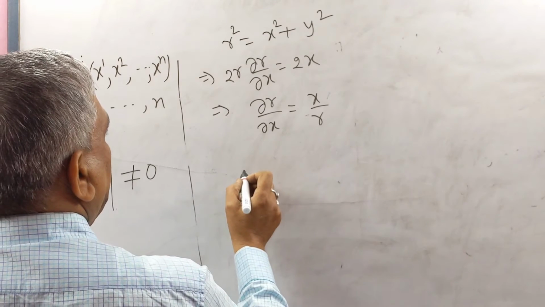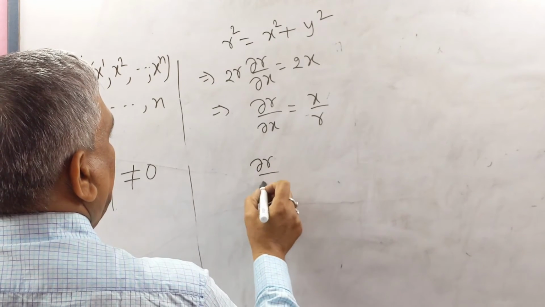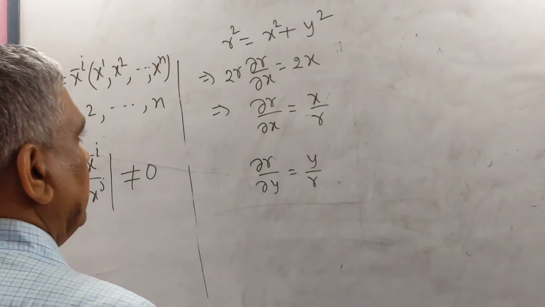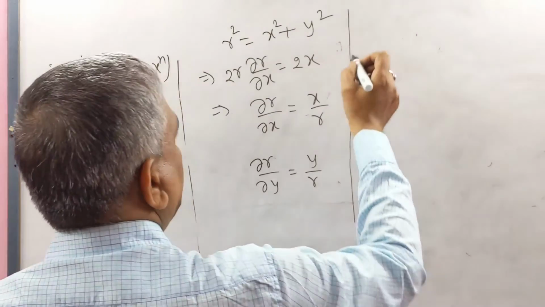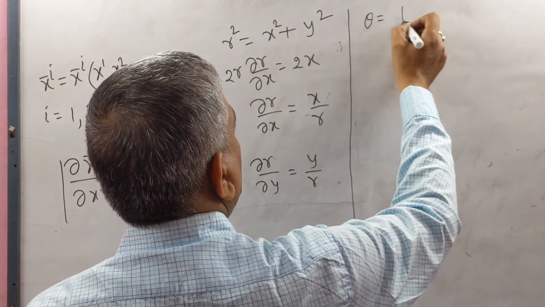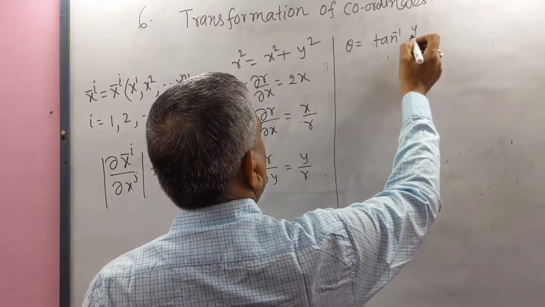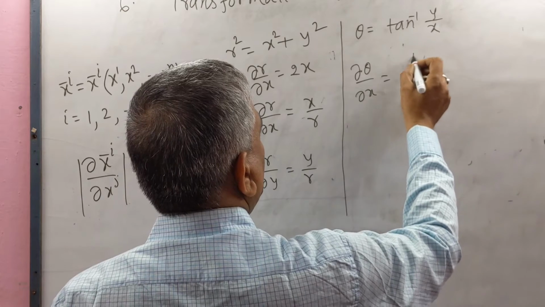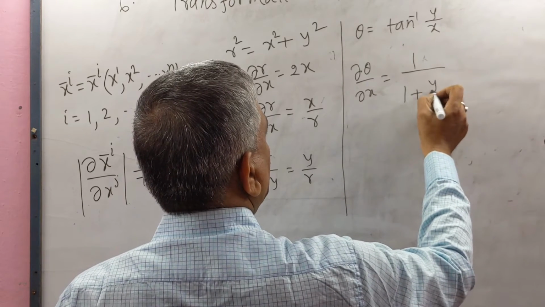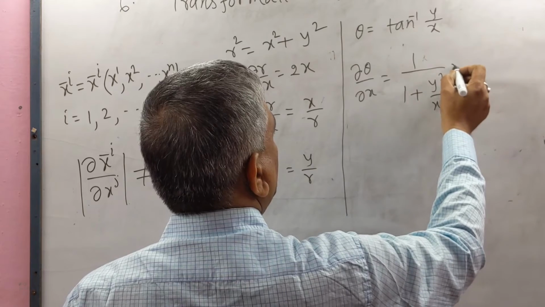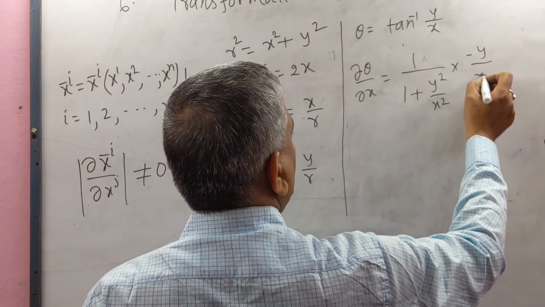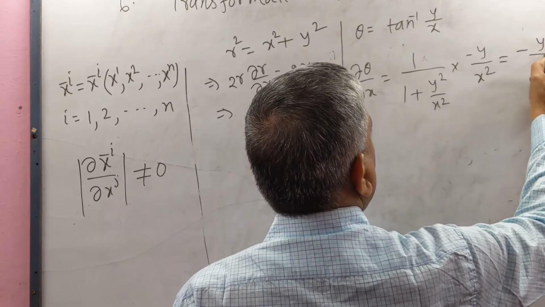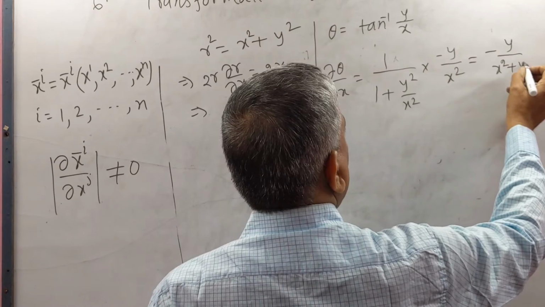Similarly, del r by del y equal to y by r. Again, theta equal to tan inverse y by x. Del theta by del x equal to 1 by 1 plus y square by x square into minus y by x square. This is equal to minus y by x square plus y square.